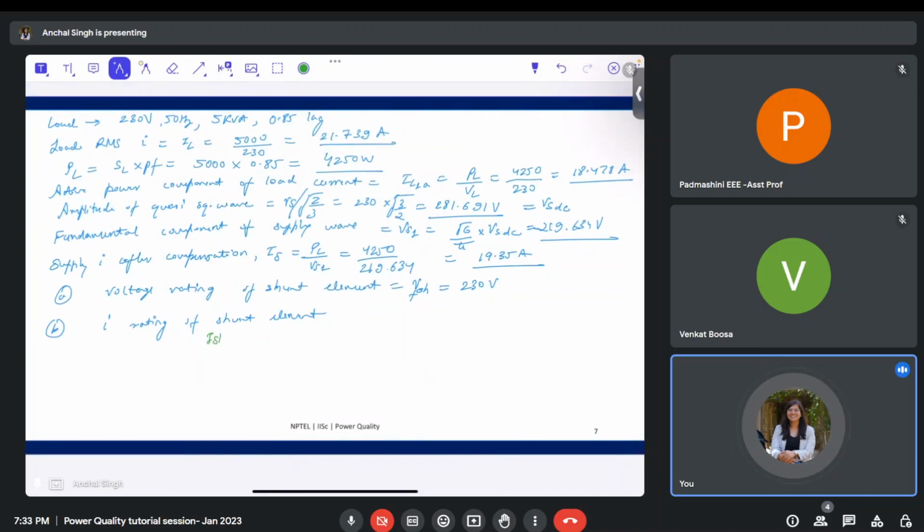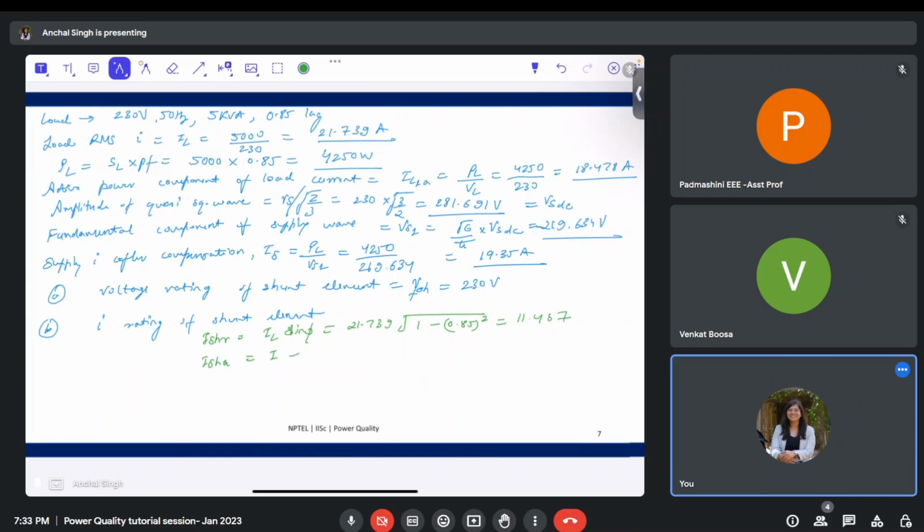The reactive part of the current is given as IL into sine phi, and IL we already calculated, 21.739. Sin phi is under root of 1 minus cos square phi, that is 0.85 square. This value we already calculated as 11.457, right?